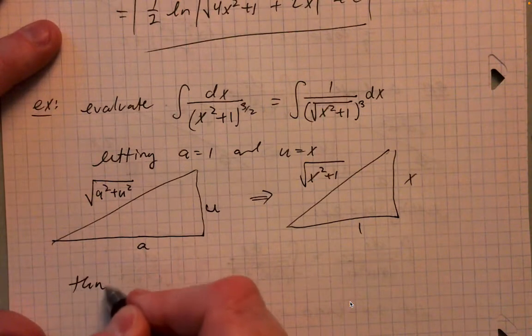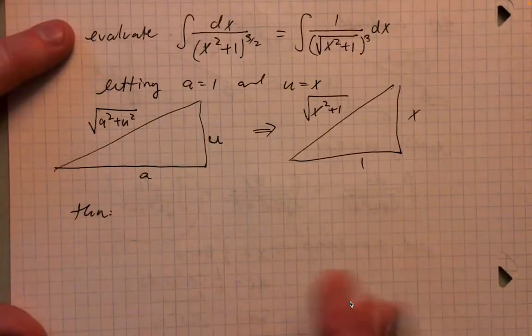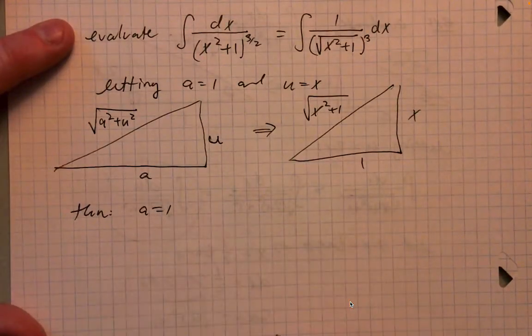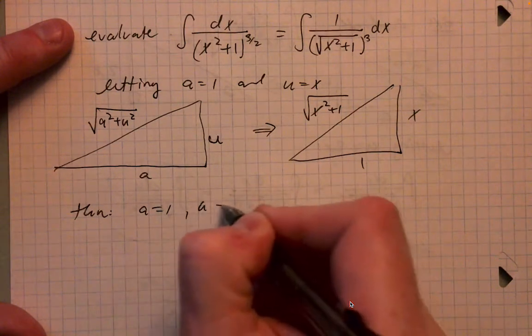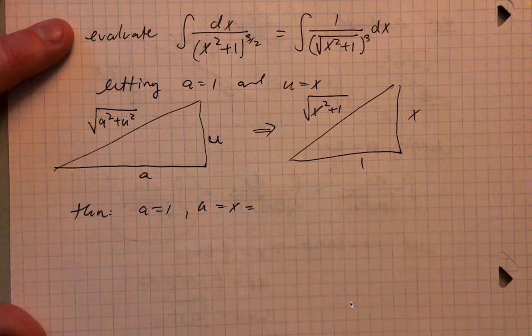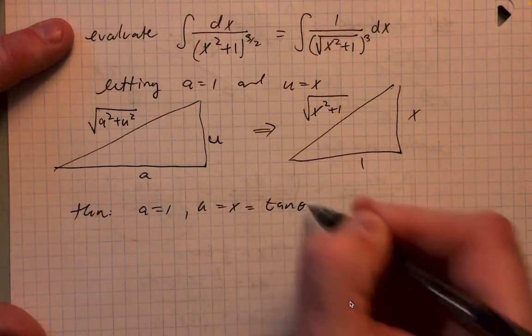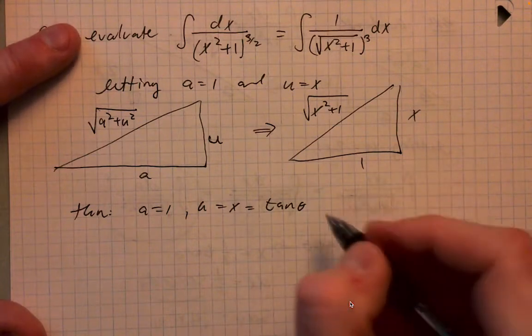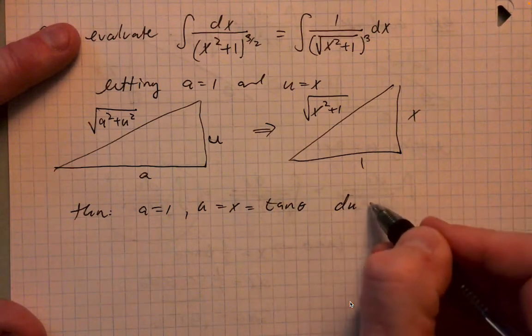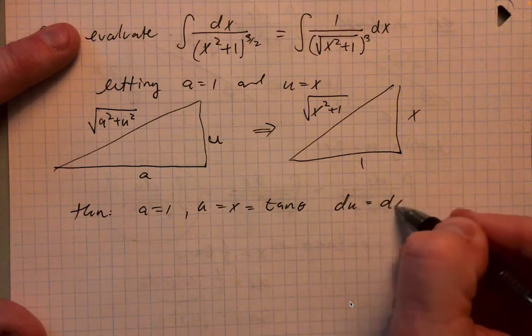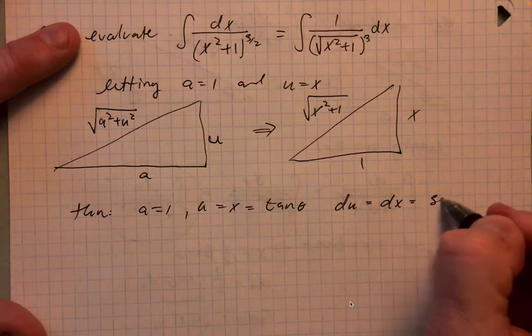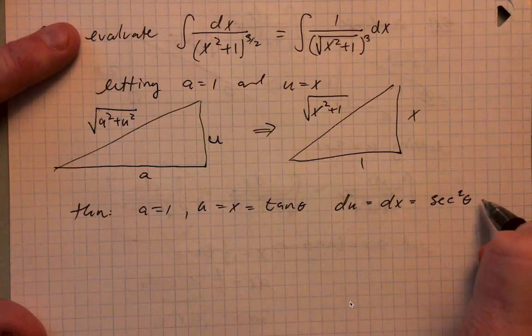Okay, so basically our substitution should look like this: a equals 1, u equals x, which is what? Tangent of theta, right? Okay. And then we can differentiate, so du is equal to dx, which is secant squared theta d theta.